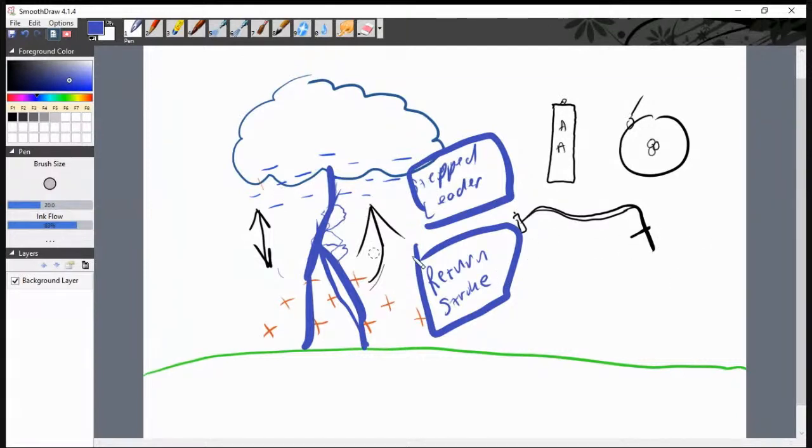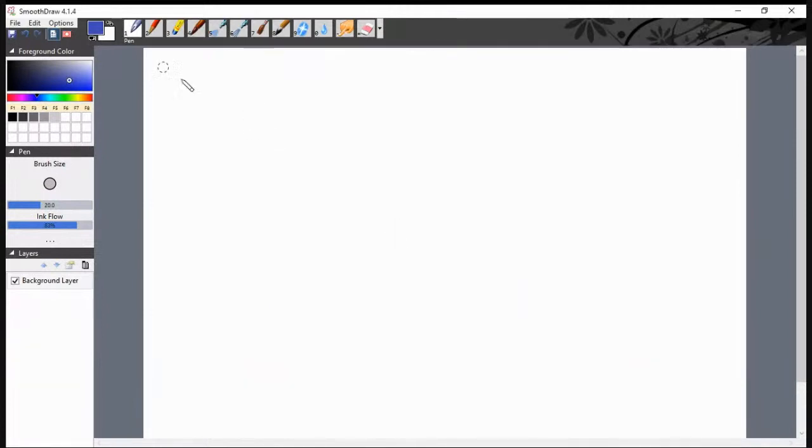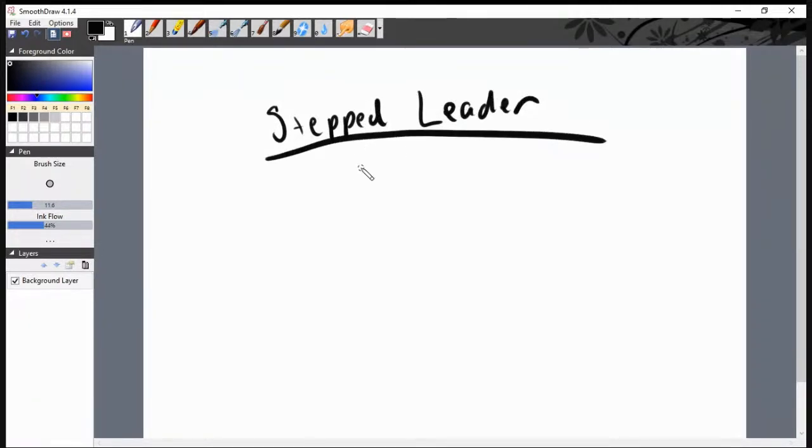I know I said a whole lot. If you don't understand what I'm talking about, you can ask some questions. But essentially what you really need to know is that with lightning bolts, there is this stepped leader, which is sort of a feeler electricity that comes out of the cloud and starts to move towards the ground.